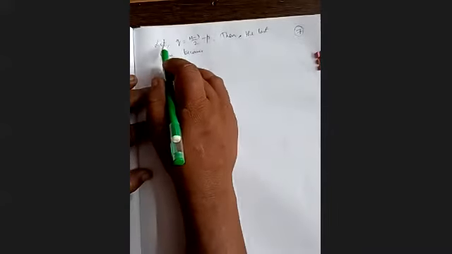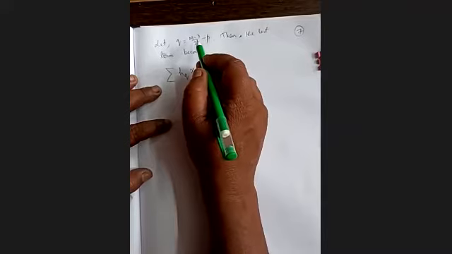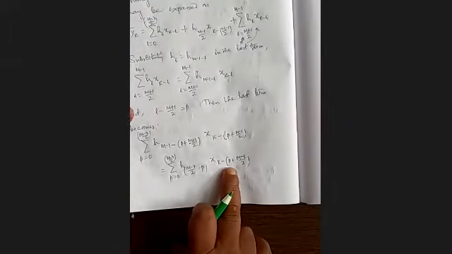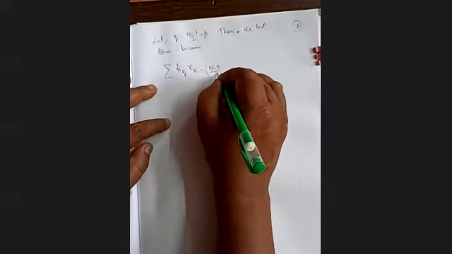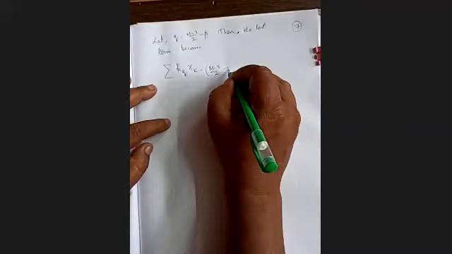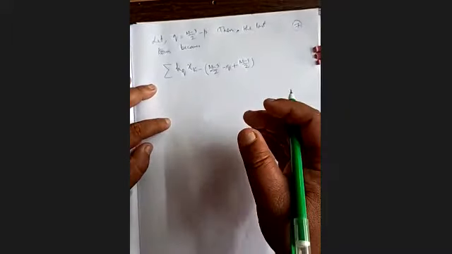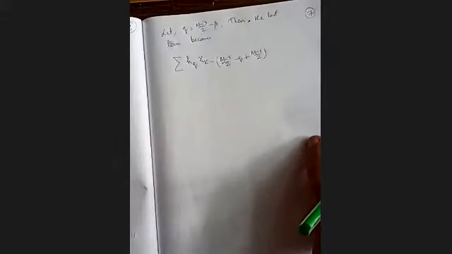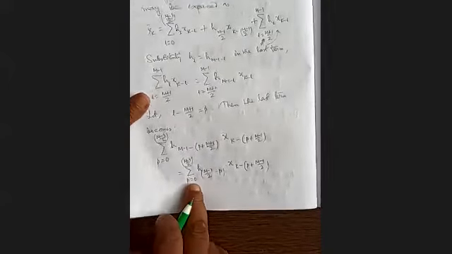If you take P to that side, it will be M minus 3 by 2 minus Q. So in place of P, it will be M minus 3 by 2, minus Q, plus M minus 1 by 2. Okay. And note that when P equal to 0, the lower limit, what will be the value of Q?